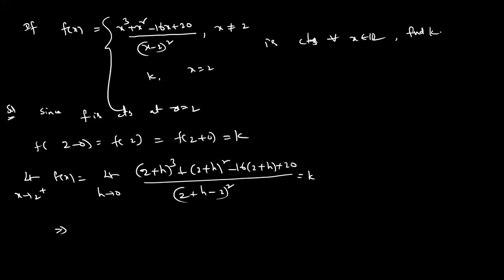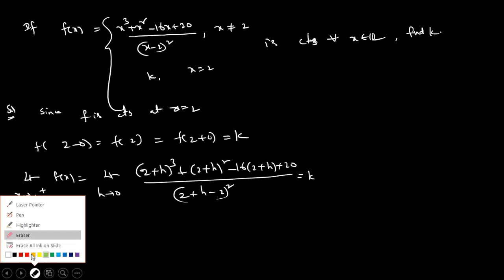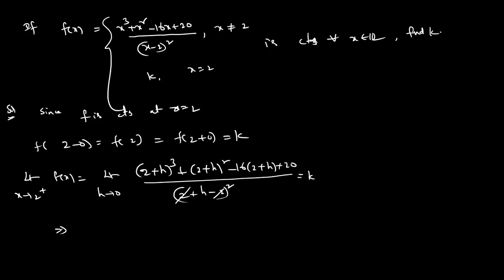So put h equal to 0. Simplify first. 2 cancels. Expanding, h square is coming.